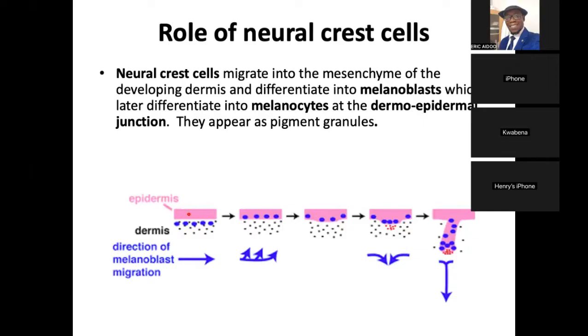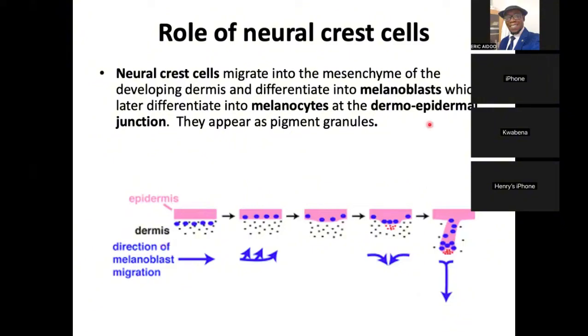So that is the epidermis. The dermis are the dotted black spots. And then the blue ones are the migrating neural crest cells, which are forming melanoblasts, and which will later become melanocytes. You should appreciate the difference between the melanoblast and melanocyte by now.